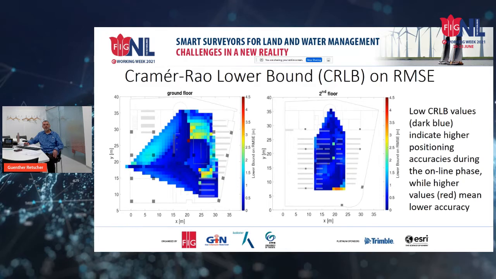And as you can see, on the ground floor, you have 2 different areas, like yellow-green, where this parameter is about 2 to 3 meters, and on the other areas, we have values of about 0.5 meter, maximum 1 meter for the positioning error.